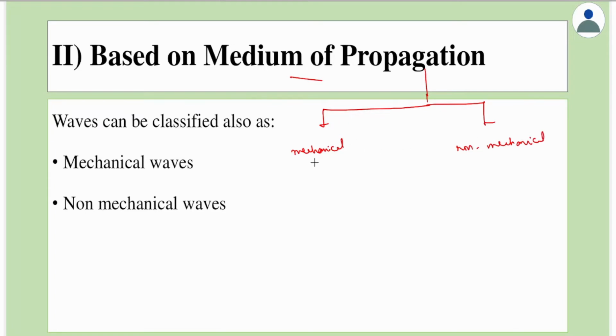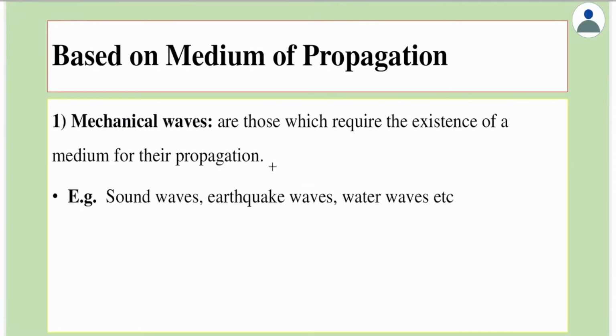Now let us see what these waves are. The first type is called mechanical waves. Mechanical waves are those waves which require the existence or presence of a medium for the propagation. Now there are certain waves which require a medium for propagation. Those are called mechanical waves.